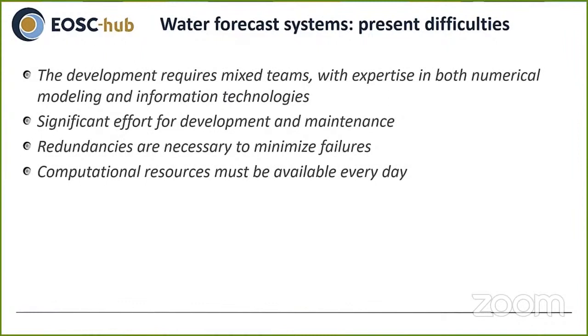This is valid for the modeling systems as well as for the computational infrastructures. To be robust, forecast systems need to be redundant. This is necessary to minimize failures. Finally, they require computational resources every day. Guaranteeing these continuously available resources can be complex on a case-by-case basis.